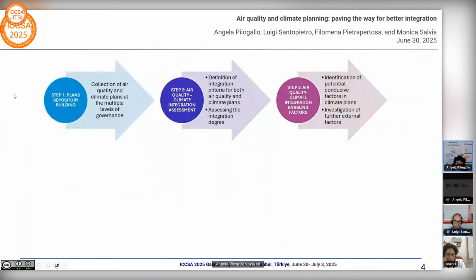We built a methodological framework based on three main steps: the building of a repository of all the plans, the assessment of integration between air quality and climate, so performing a content analysis of both air quality and climate planning, and the identification of potential factors.